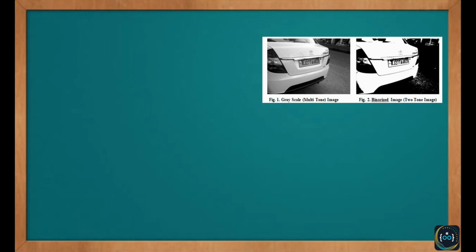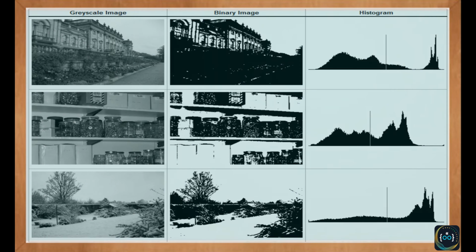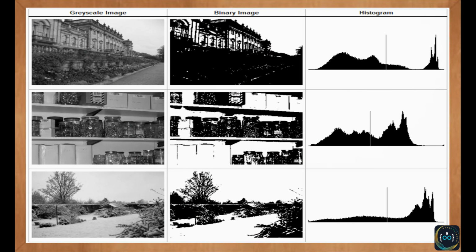Now, for you to grade a color picture or a grayscale picture into only two colors, white and black, you need what we call a threshold. A threshold is like a benchmark, maybe a particular level that demarcates the white from the black.